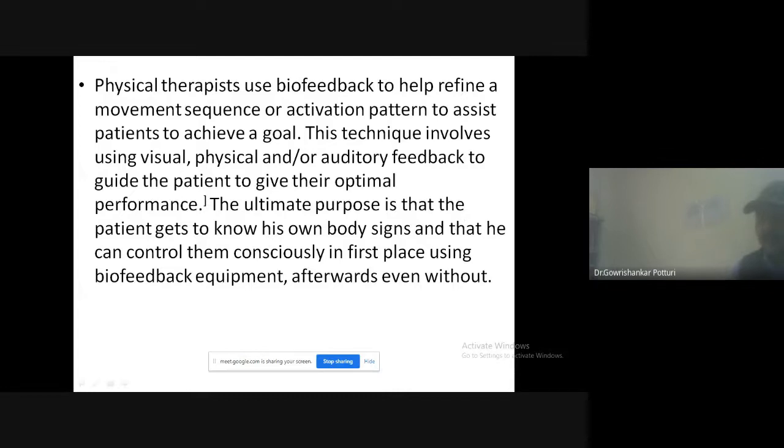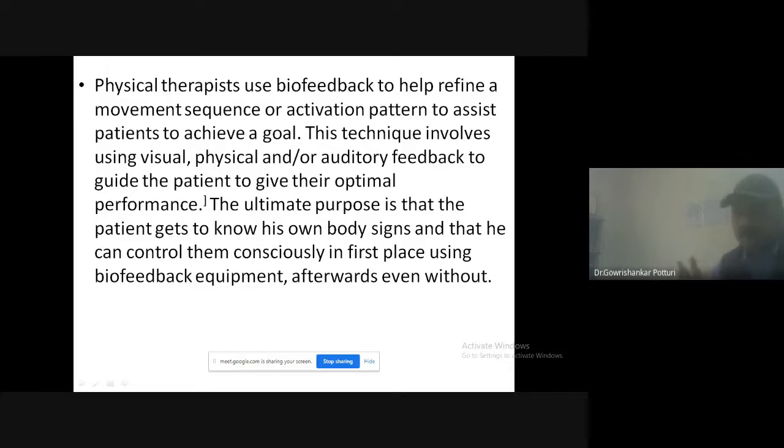You will be given one object. When you press the object, electrodes are placed on your flexors. When you press hard on the object, the flight will go up. When you don't press the object, the flight will come down. So if in between a mountain comes, at that time you have to press hard on the ball.